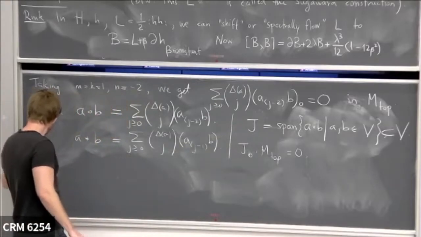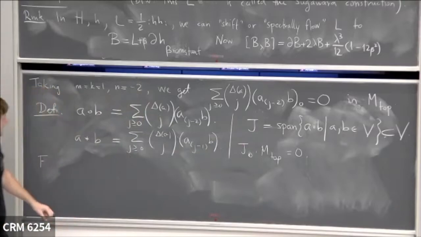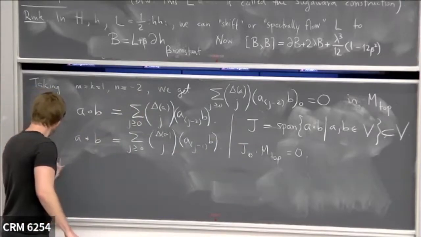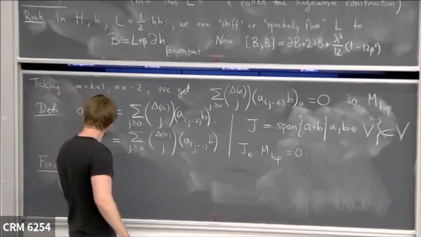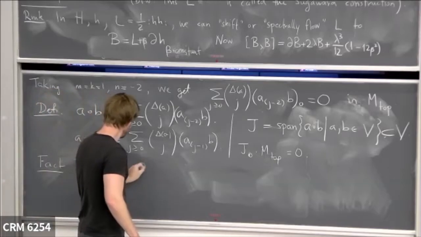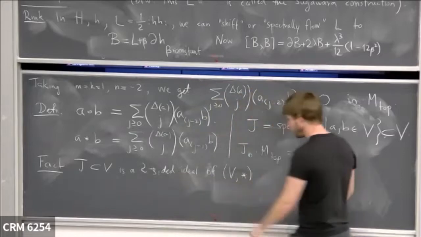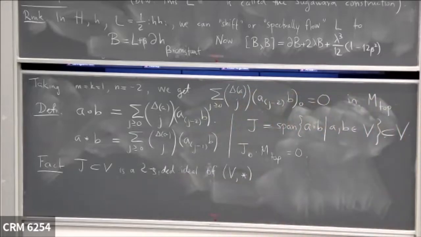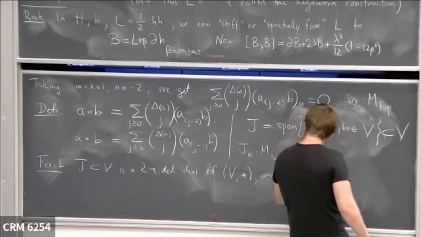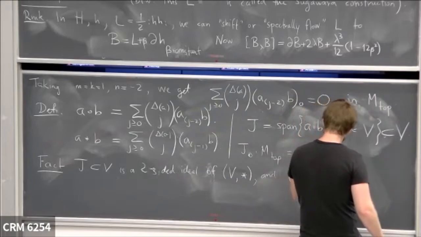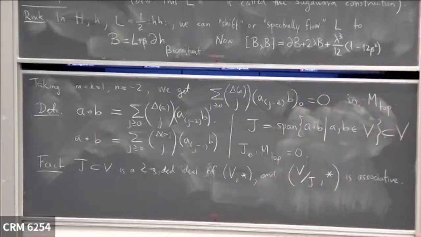So a whole series of miracles occur now. The fact is that J is a two-sided ideal of this non-associative algebra. And when you divide by this ideal and equip it with this product, it becomes associative.